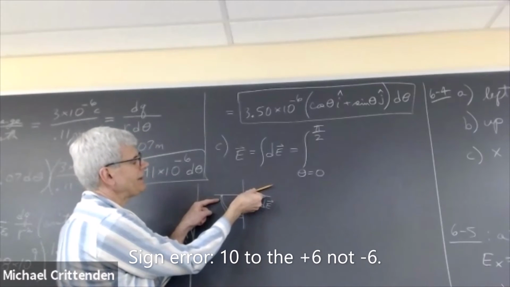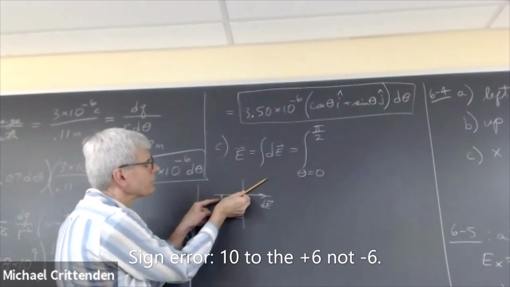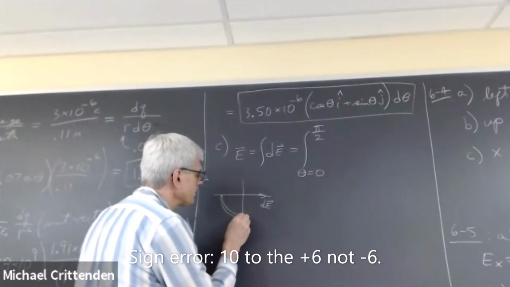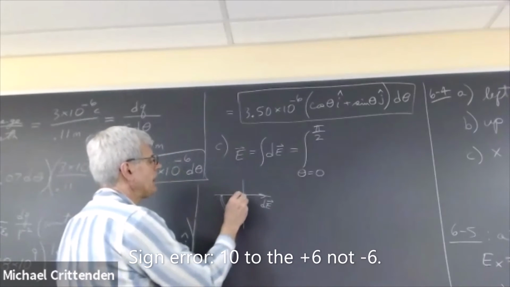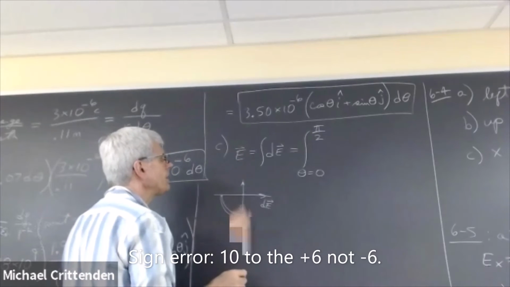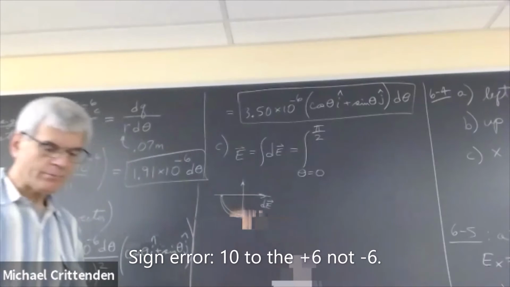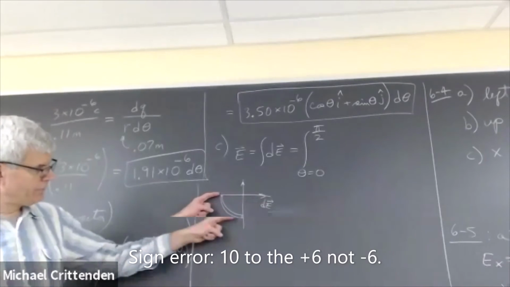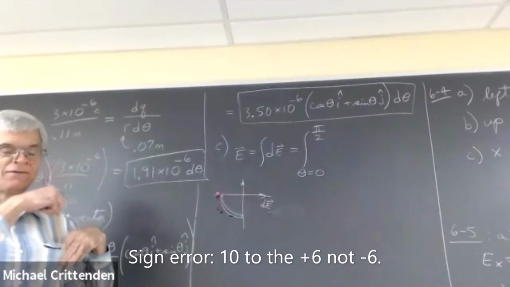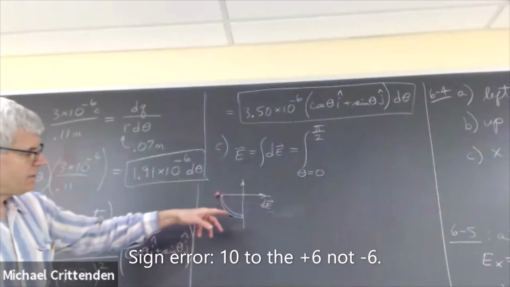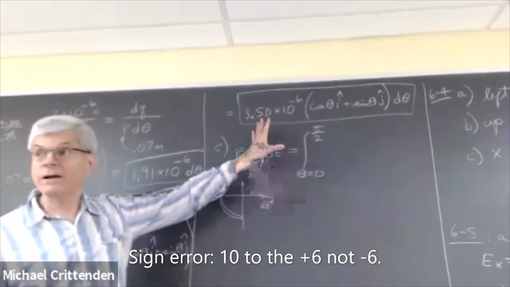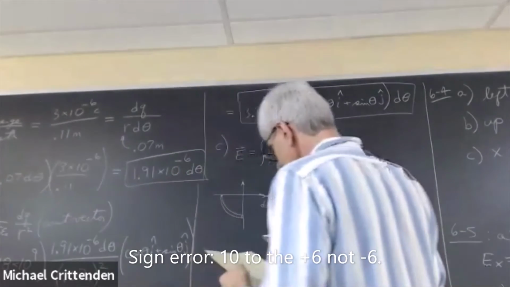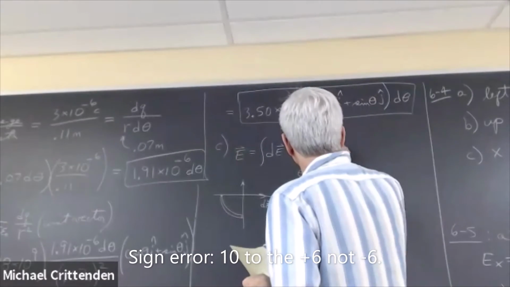The next piece beyond that is a little bit further, and so on. By the time you get to the other end of the rod, the field of that last piece points straight up. So as you add together the fields of the rod's many little subdivisions, theta starts out at 0 and ends up at pi over 2, or 90 degrees if you'd rather call it that.